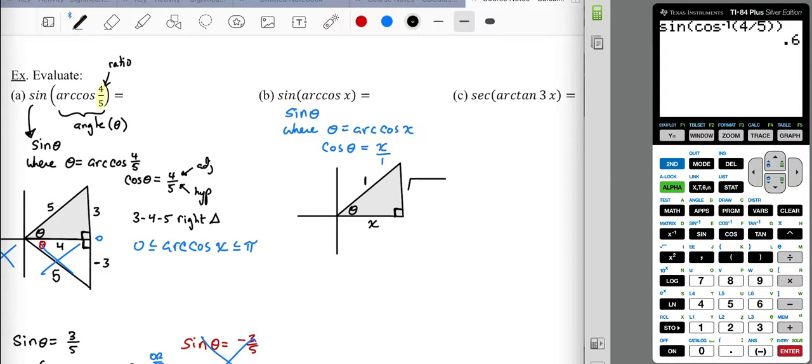side here, based off of the Pythagorean theorem, a squared plus b squared equals c squared, would be looking at x squared plus some unknown, I'll call it b squared, is equal to 1 squared. B squared is 1 minus x squared, which makes b equal to the square root of 1 minus x squared.